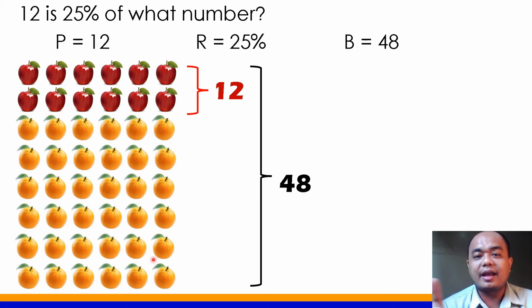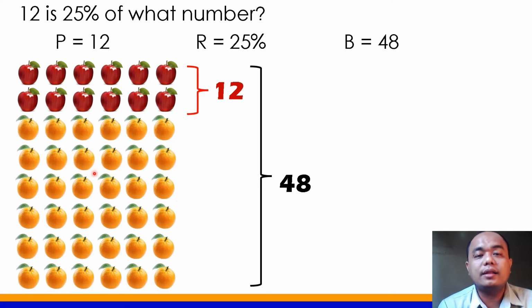Yan, di ba? Ngayon, yung 12 na to, class, actually part lang siya. Meron pa siyang kasama na number para mabuo ang 48. And that is your number of oranges here. What we are doing here, class, is we apply to our real life situation yung problem na ibinigay for this part. Okay?